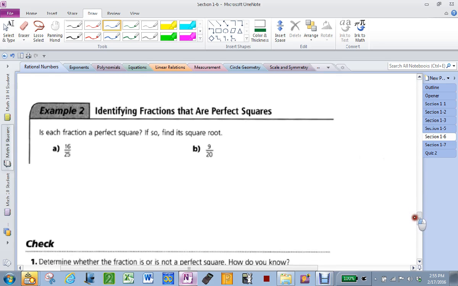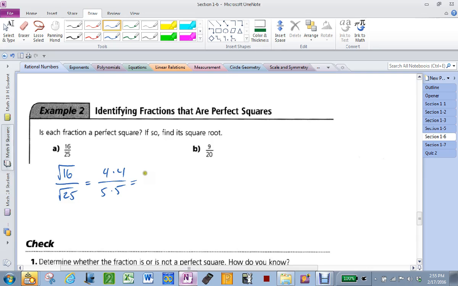Slide it along. Is it a perfect square? Yes or no? Well, first I got to check. If it's a perfect square, then 16 would have a square root, and 25 would have a square root. Do they? Well, 16 square root we know is 4 times 4. 25 is 5 times 5.